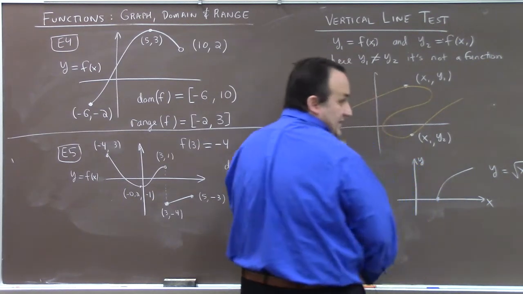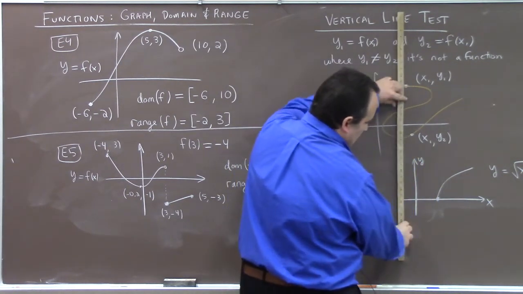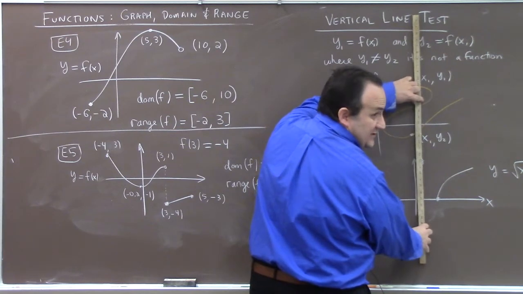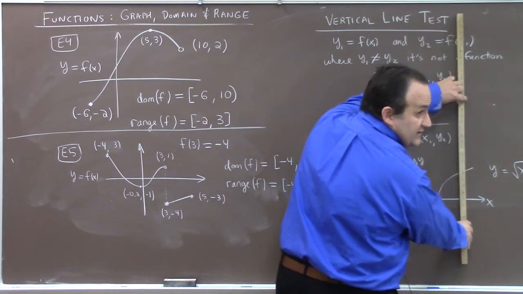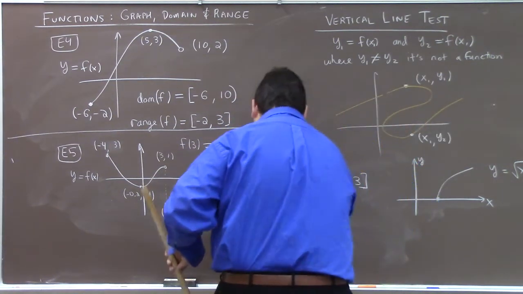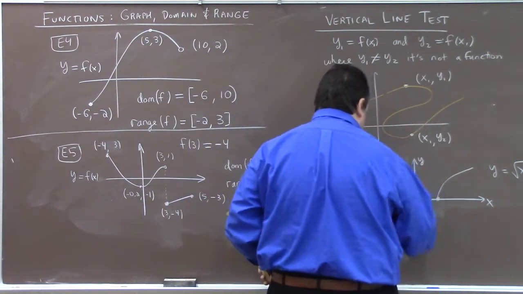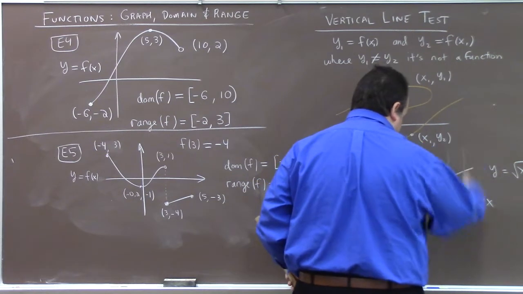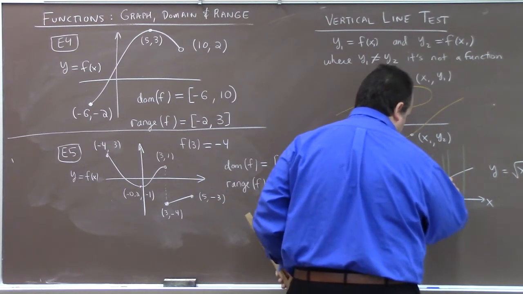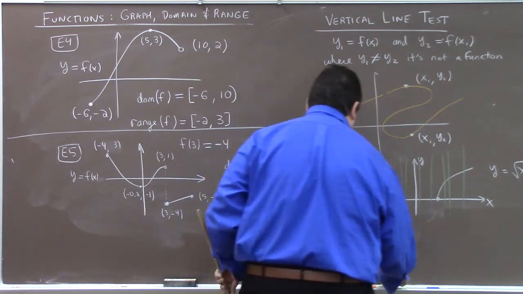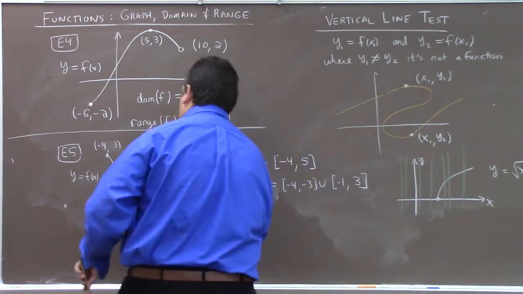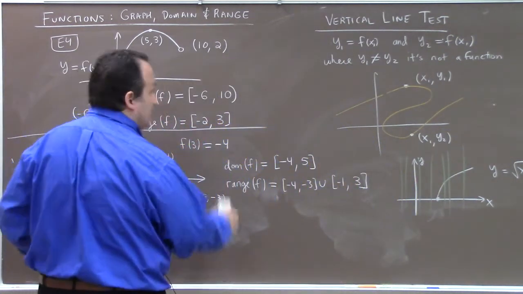So I look at vertical lines: no intersection, and then one intersection point. So it's a function. A lot of times I draw the vertical lines like this. Good: one intersection point, one intersection point, one intersection point. But there's lots of things that aren't functions.